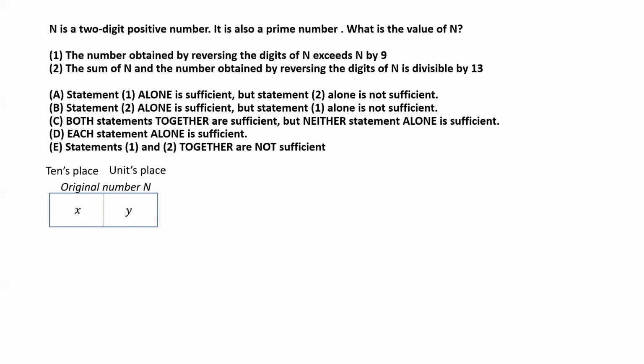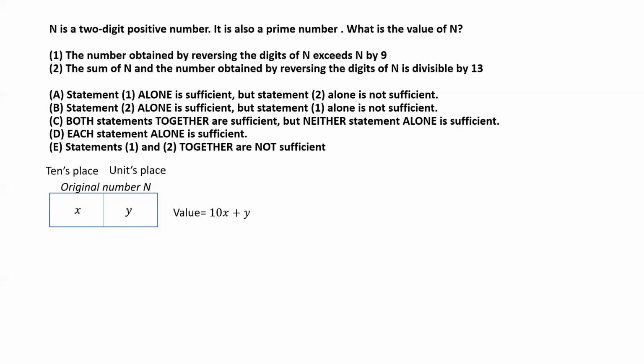So we assume that in the original number, the digit in the tens place is x, the digit in the units place is y, and this makes the value of the number, it's not xy, because xy is a product, right? So what will the value of this be? The value of this will be basically 10 times whatever digit is in the tens place, which is x in this case, so 10x, and then 1 multiplied by whatever digit is in the units place, which is y. So it's 10x plus y.